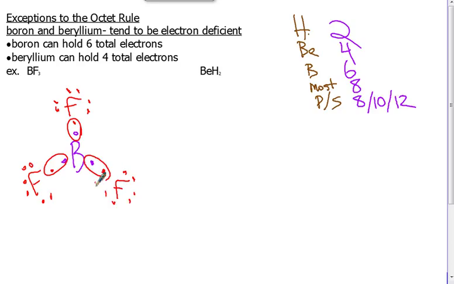They share those 2. You might notice I put them in an angle. What shape did I just make with the 3 fluorines? Triangle. The name of that model, which we're going to look at in a second, is called triangle planar, as in a flat triangle. It's a crazy name. Flat triangle. Triangle planar.